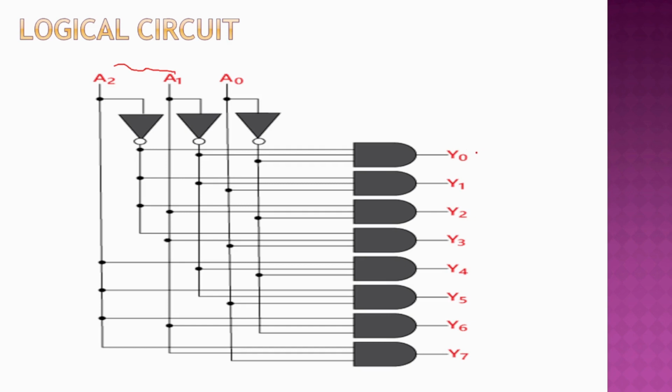If your equation has A0 dash, A1 dash or A2 dash, you need to connect a NOT gate to get the inversion. We write the equation in the product form, that's why we use the AND gate here. With the help of all these logical expressions, you can easily draw this logical diagram.